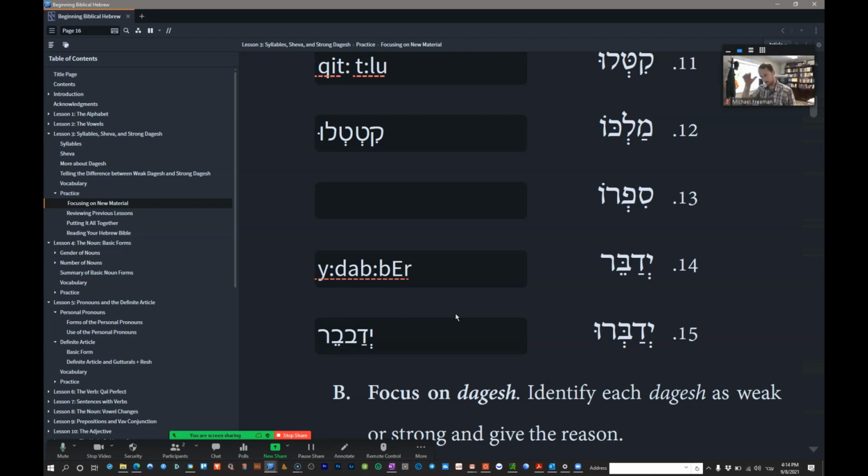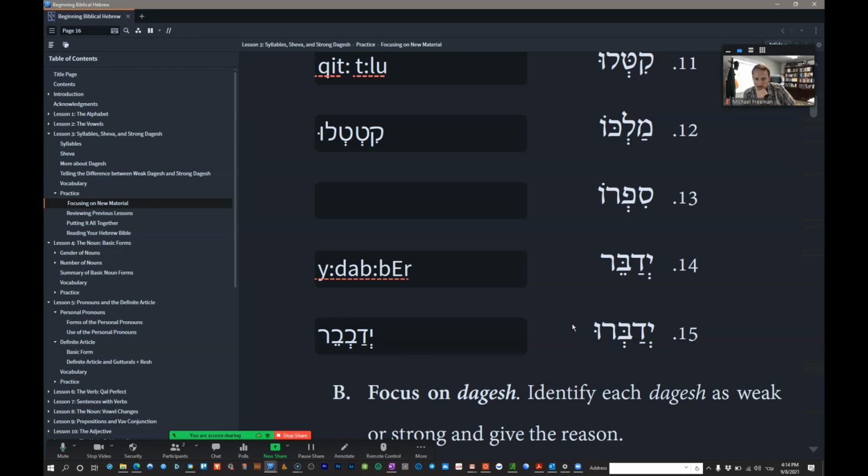This is what the silent schwa is for. The silent schwa exists to close a syllable. It is not a vowel. Even though schwa is a vowel in the sense that a vocal schwa, we might call it a semi-vowel or a half vowel, the silent schwa has no vocalic value whatsoever.